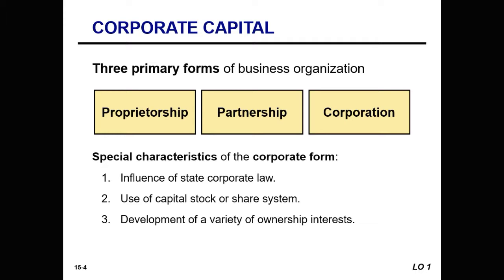There's a partnership in which there should be some legal documentation formalizing that partnership. And then there's the corporation. And you should be pretty familiar with what a corporation is now. We talk about corporations in accounting because they are the most complex form.